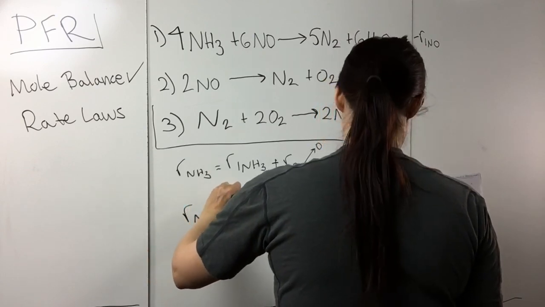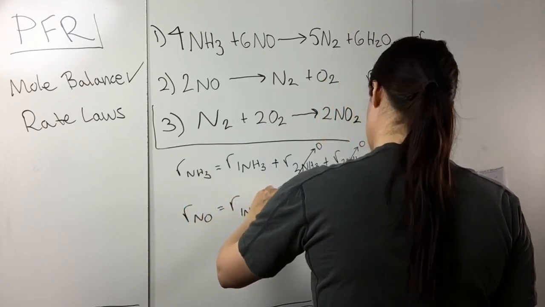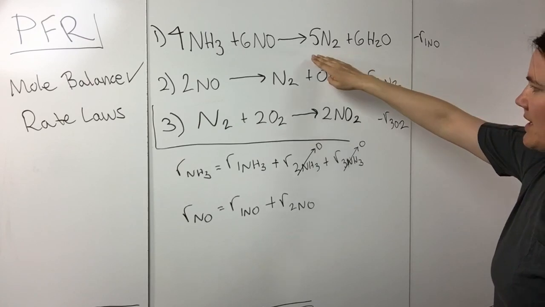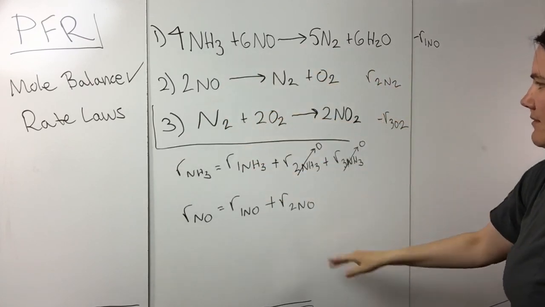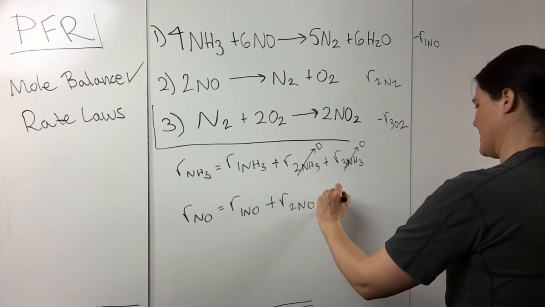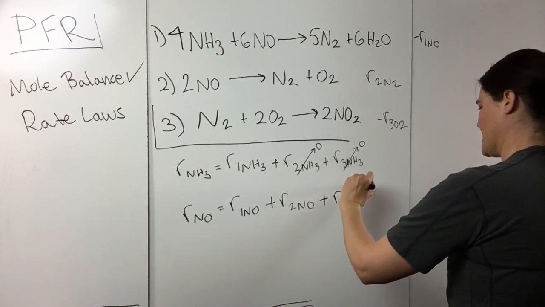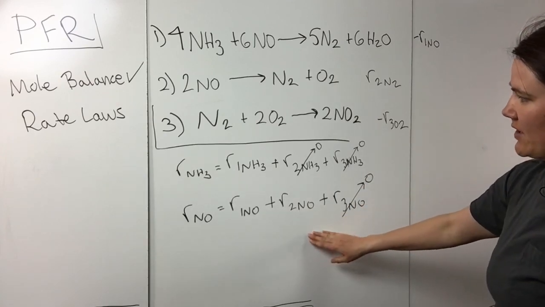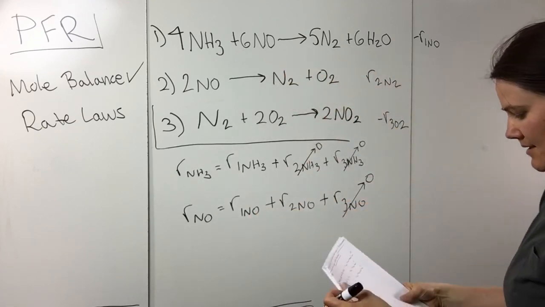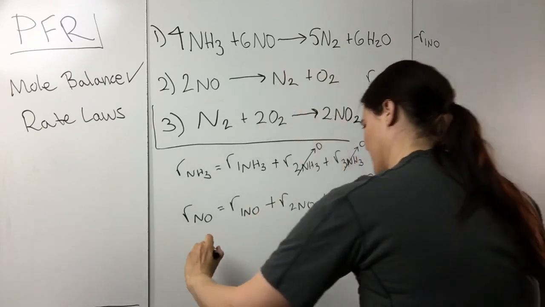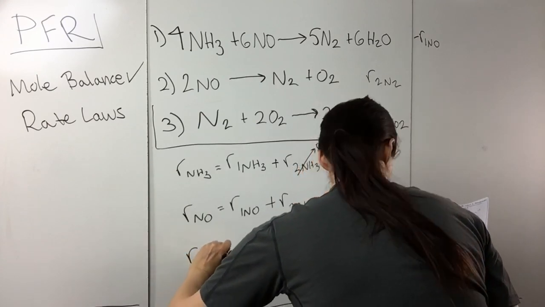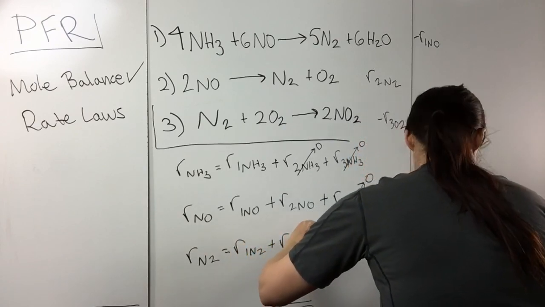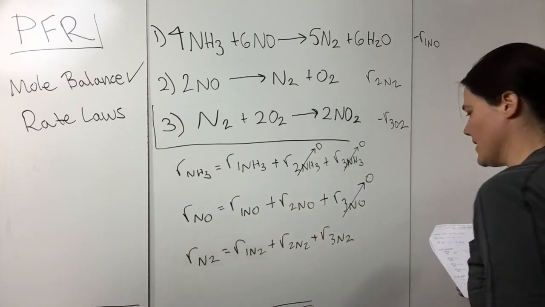So then, for instance, the second one, RNO is equal to R1 NO plus R2 NO, since it's in the first one and the second one. Then we could continue and write R3 NO and just say that's 0. You can see how you would do this for each of them. For the next one, N2 is in all of them, so RN2 is equal to R1 N2 plus R2 N2 plus R3 N2.